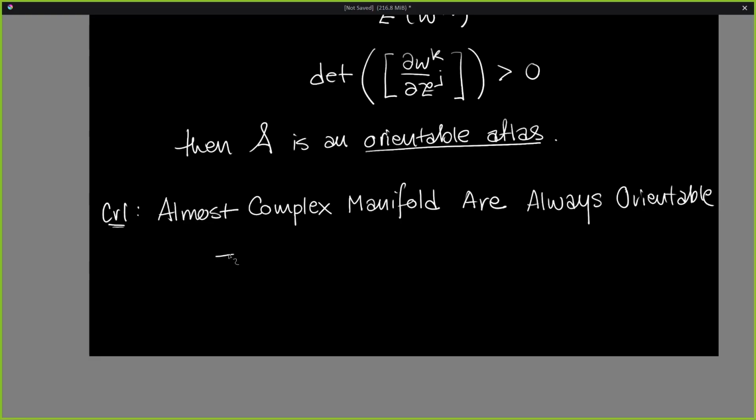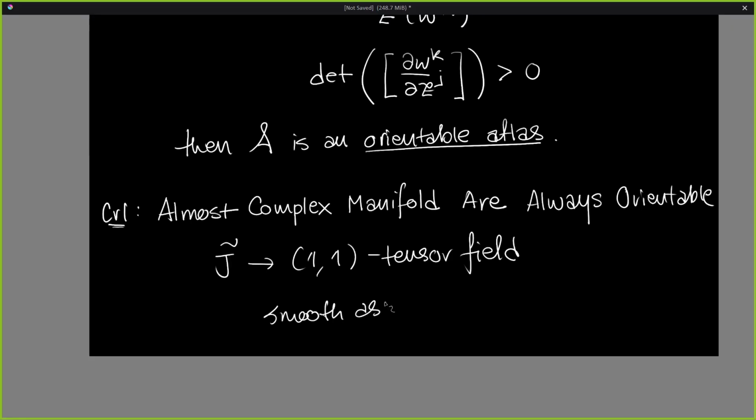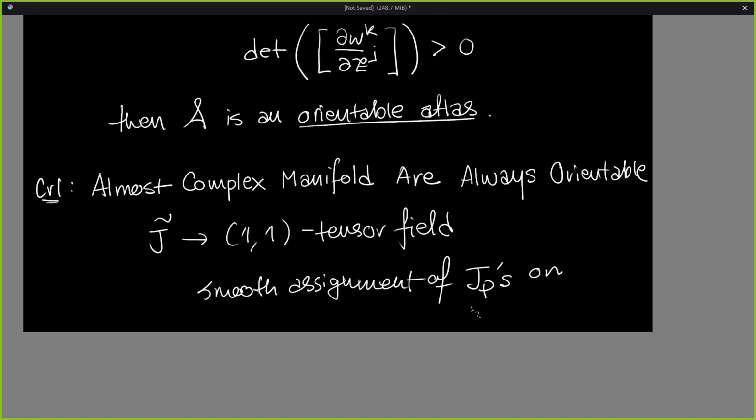because they have J twiddle, which is a 1-1 tensor field, a smooth assignment of J_p's, let's say, on each T_pM. And from there you get a definition for the standard, or induced, volume form on that vector space.